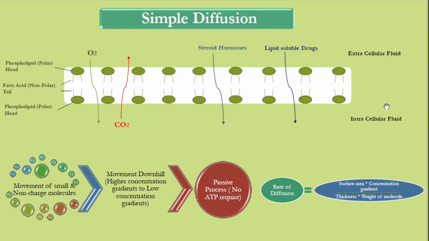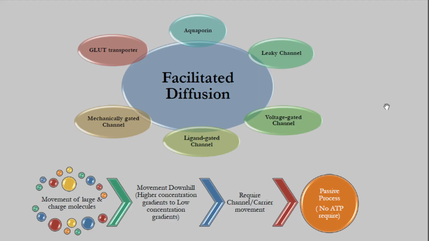Now the next one we have is facilitated diffusion. Facilitated diffusion is also called a combination of passive diffusion and active transport. Why is it called that? Because, like passive diffusion, the movement of the molecules is from higher concentration to lower concentration.